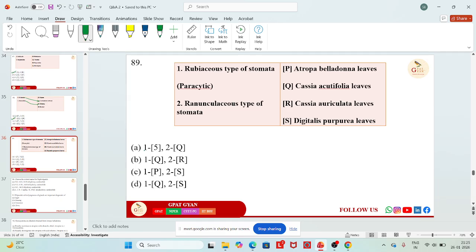Next one. D will be, ma'am. Rubiaceous or paracytic stomata is in Cassia acutifolia, and ranunculaceous is in digitalis.